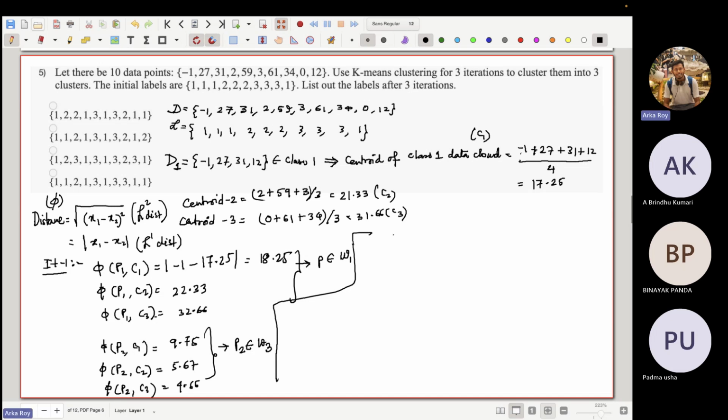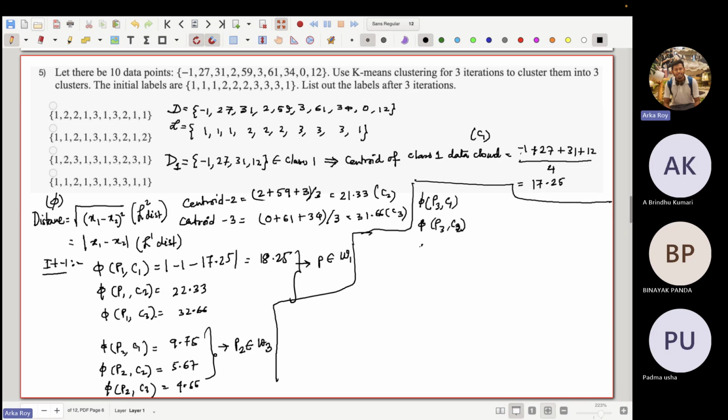Now let us solve for the other cases. Let's say phi of P3 C1, P3 C2, P3 C3.